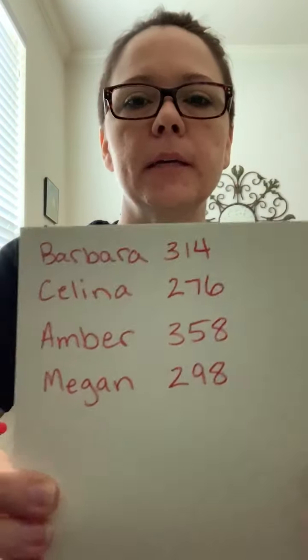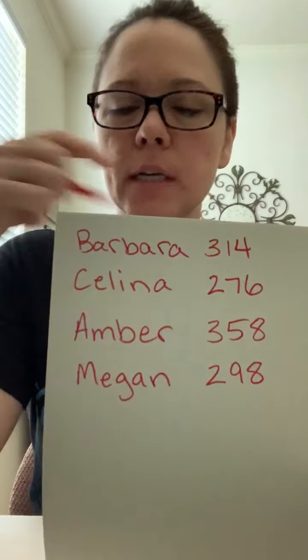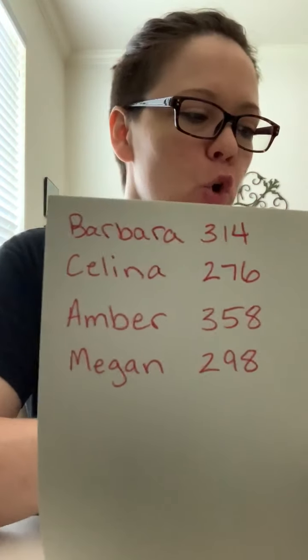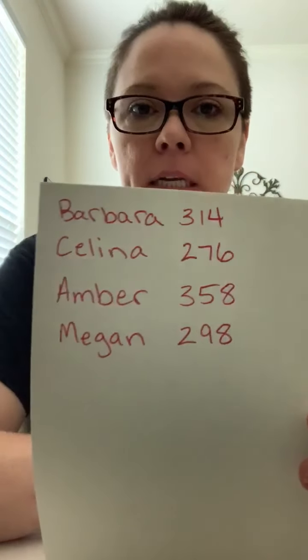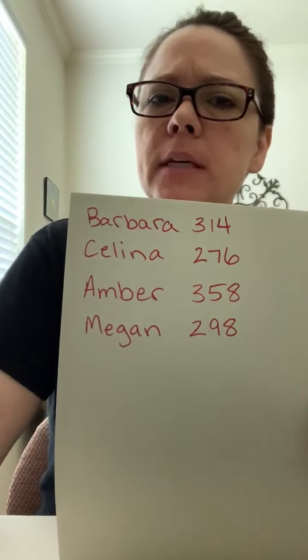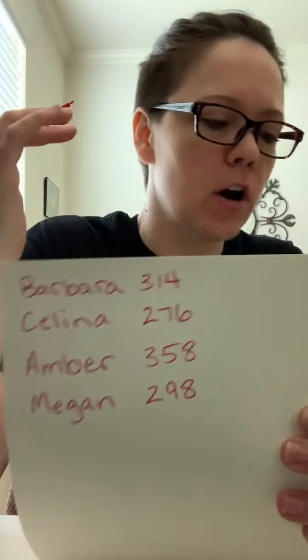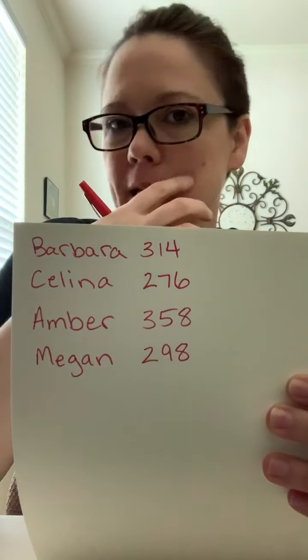Amber, A-M-B-E-R, has 358 pennies. And Megan, M-E-G-A-N, has 298 pennies. Okay, so write down that information because we're going to need to know that to figure out who has the most pennies, who has the fewest pennies, who has the least. And then we're going to put these names in order from most to least.